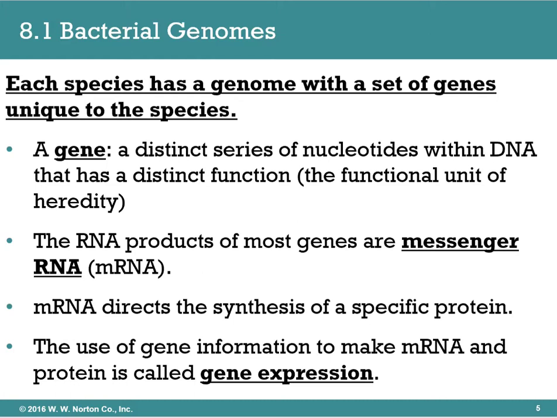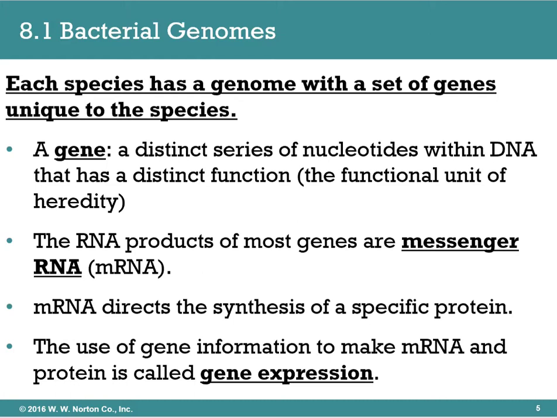So RNA specifically is the product of most genes, and that is called mRNA, messenger RNA. We're going to talk about it later on. This will specifically direct the synthesis of a specific protein. So from our mRNA, we're telling the cell that we want to make this specific protein, and we'll go into detail about how we make proteins.